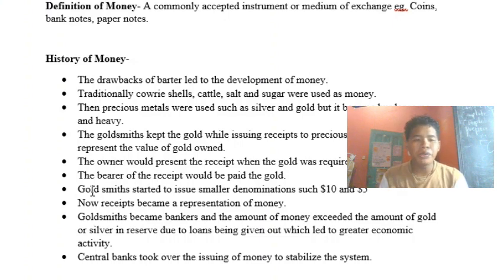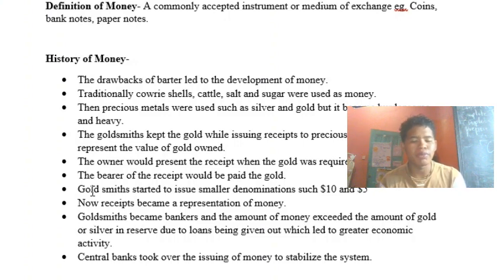So that was out of the question. Then precious metals were used, such as silver and gold, but it became burdensome and heavy. Carrying a large stock of gold, diamonds, or silver could be heavy, and the transportation and portability of these mediums of exchange were not effective.